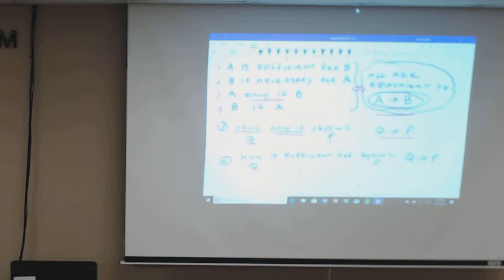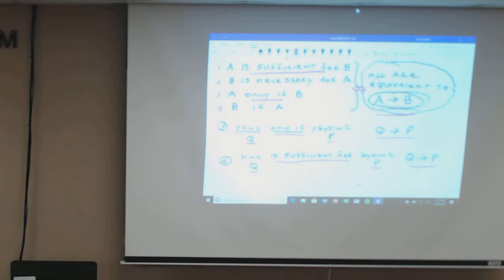Then let's do number 4. Maybe I shouldn't have worked one of yours for you. Having no cavities, number 4, that's Q. Having no cavities is sufficient for P, brushing your teeth with Clean. Now, A is sufficient for B is equivalent to if A, then B. So how do I put this in symbolic form?